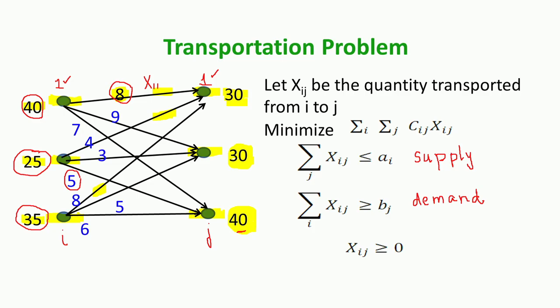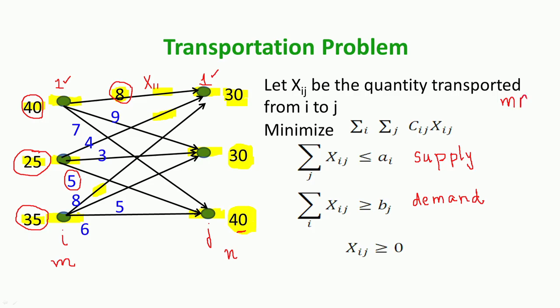If I have m supply points, as is customary, and n demand or destination points, then the number of variables xij is equal to mn. So the number of variables is m into n.